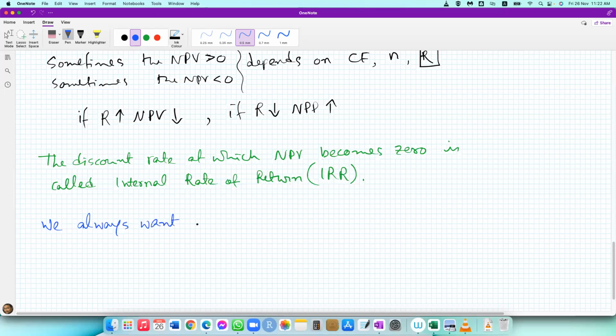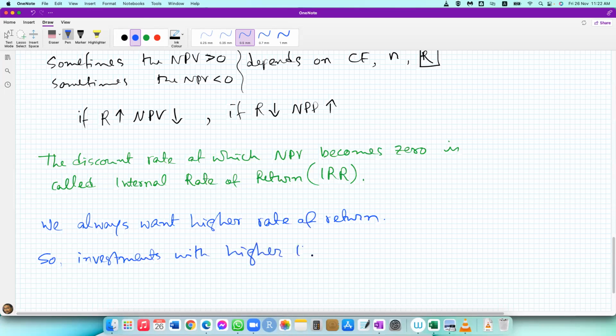Higher rate of return. Yeah, we always want a higher rate of return. So investments with higher IRR are more attractive.